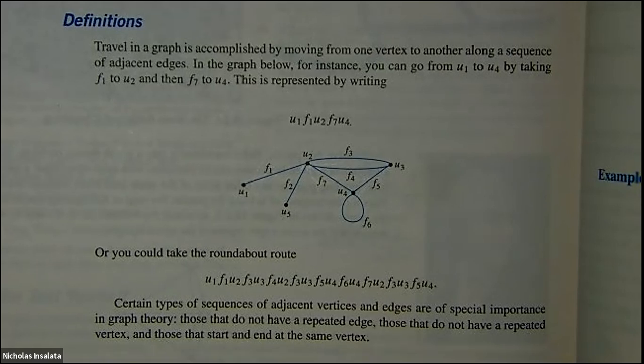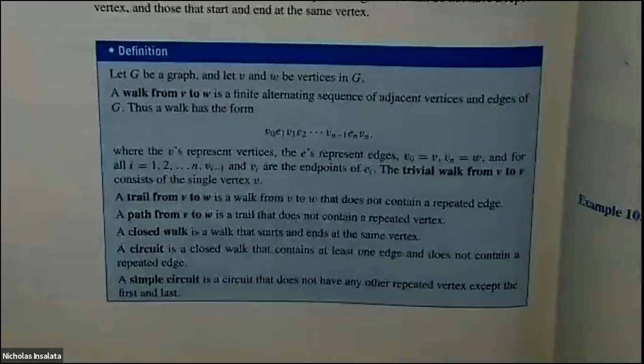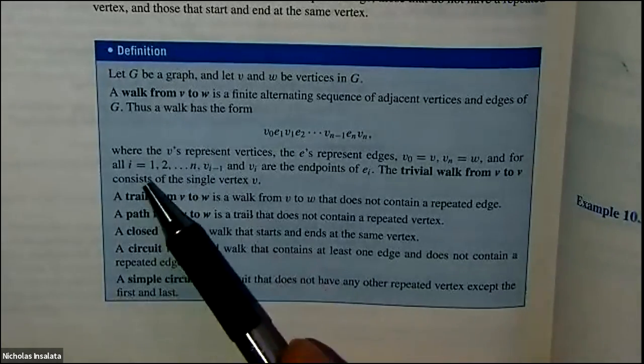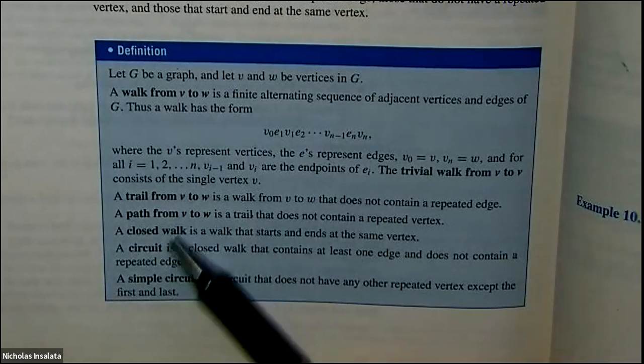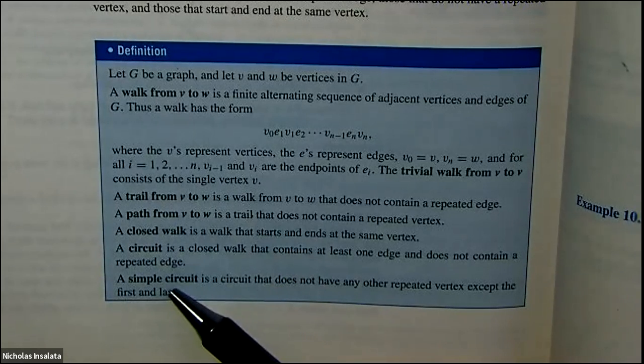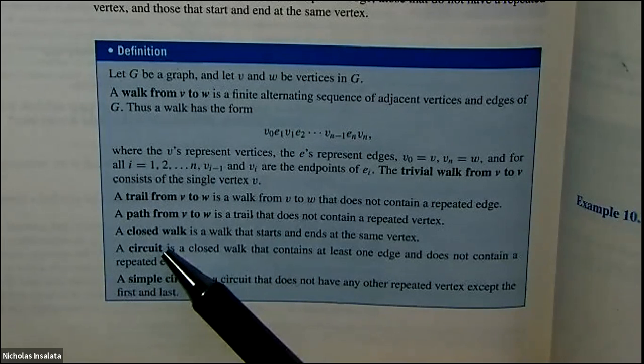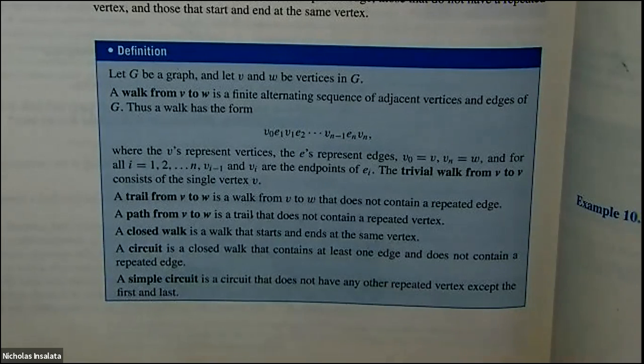Okay, so let me ask you this. We have a walk, a trail, and a path. A closed walk, a closed trail, which is called a circuit, and a closed path, which is called a simple circuit. Now we have a circuit that contains every edge, called an Euler circuit. How about a simple circuit that contains every vertex?